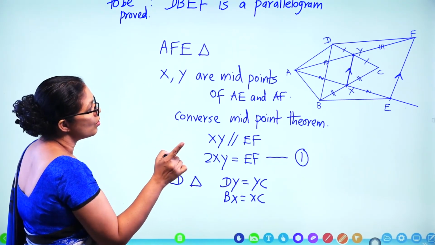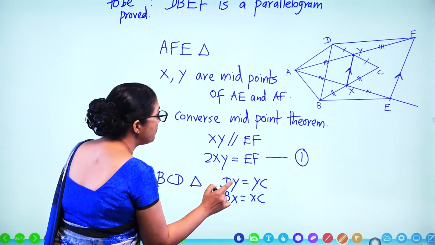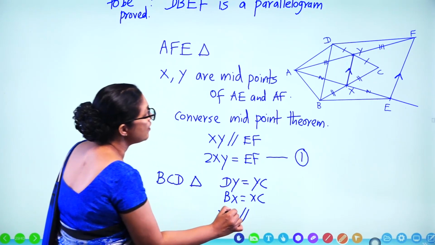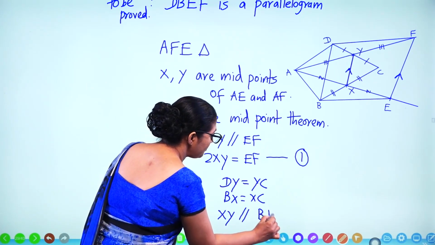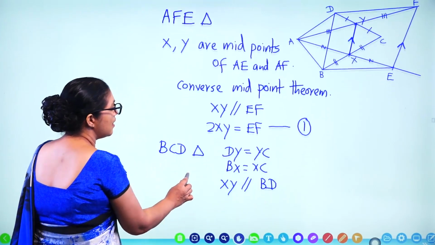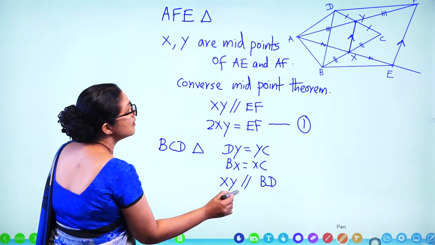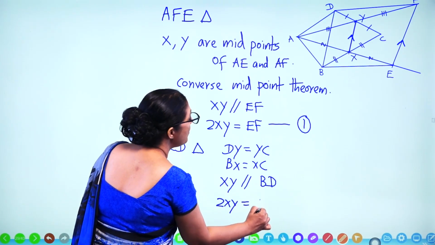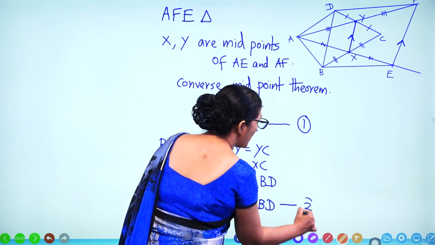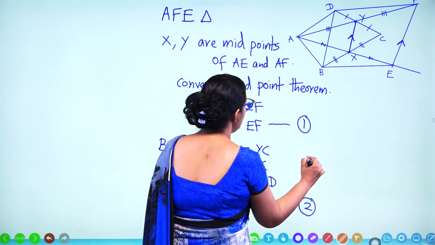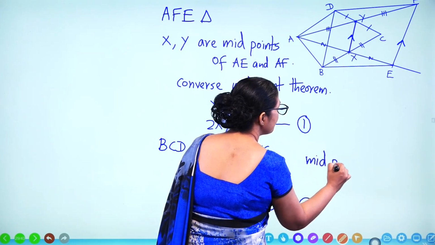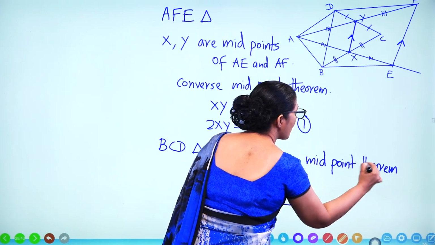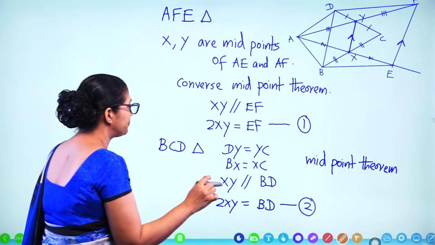Again, according to the converse midpoint theorem, you can say XY is parallel to BD. And what's the size? Again, double. You can say 2XY is equal to BD. That's your second equation. So again, you can write midpoint theorem. All these are related to the midpoint theorem.